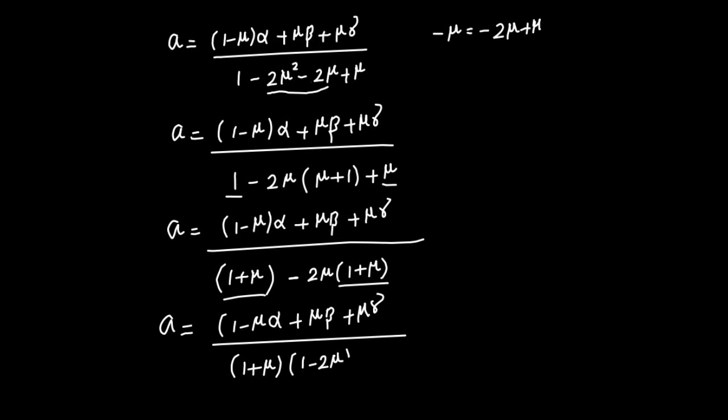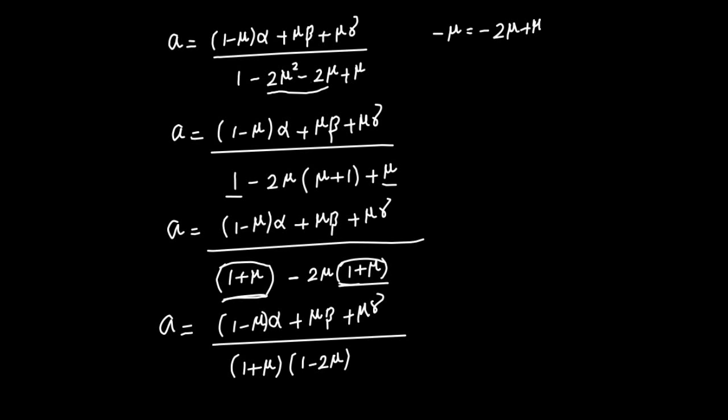So this is my value of A: 1 minus mu into alpha plus mu times beta plus mu times gamma divided by 1 plus mu into 1 minus 2 mu. Let me now substitute what A, alpha, beta and gamma are in this equation.